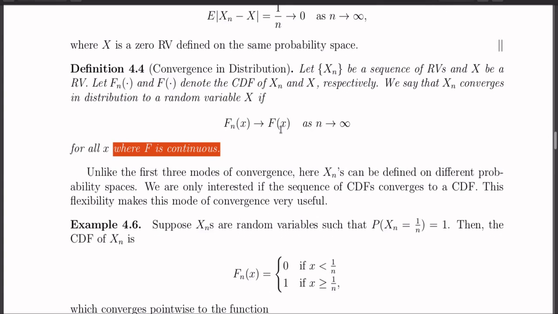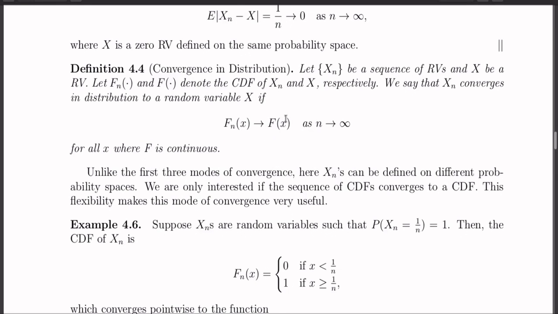Why it is important, I am coming to this point. The second point I need to discuss is why this kind of condition is kept, that I need to check this convergence for all the points where the F function is continuous. Okay, so I will discuss these two things one by one.